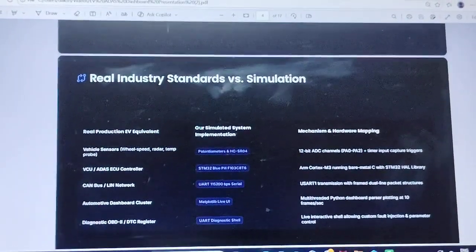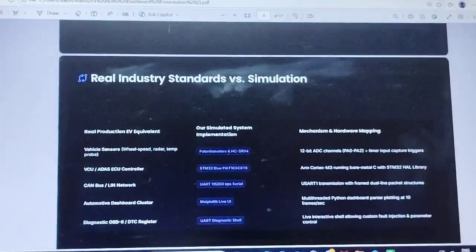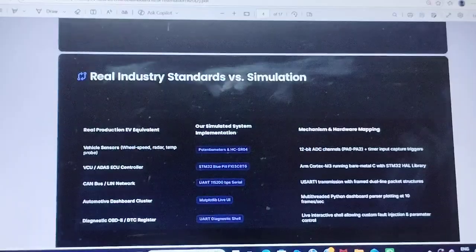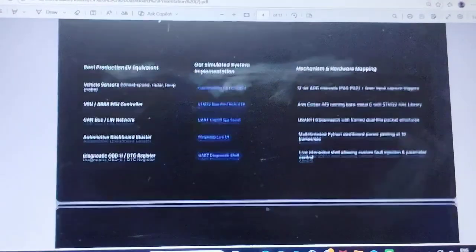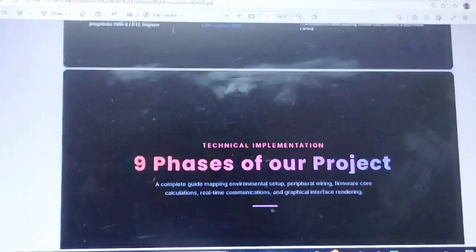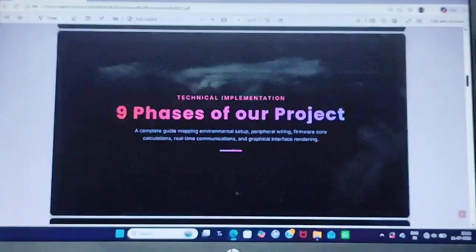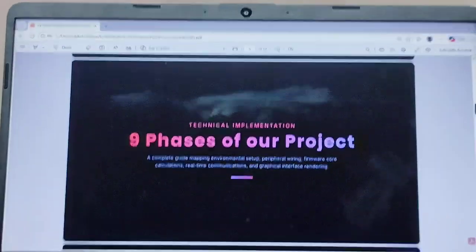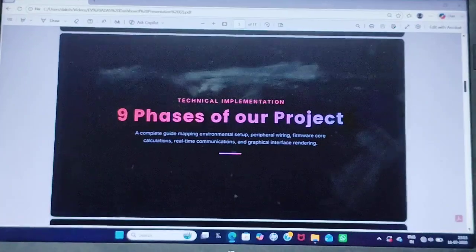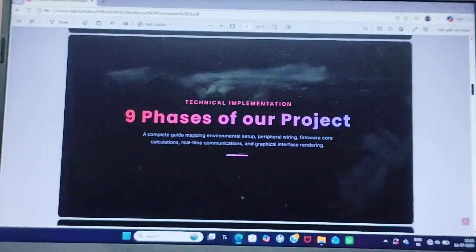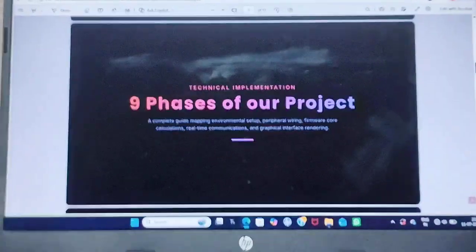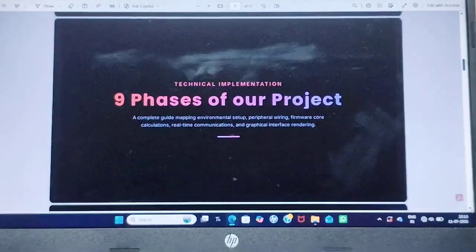We can avoid the hazards. Mapping, environment setup, peripheral wiring, firmware core calculation, real-time communication, and graphical interface rendering.